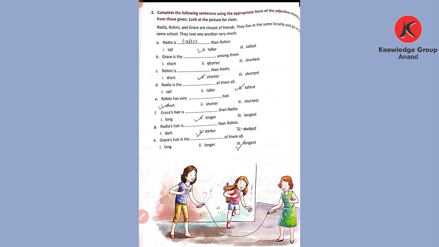So here among the girls, they compare their height, the size of their hair and the color of their hair. So dear students, write down these two exercises in your notebook with good handwriting. You have to do it in the notebook as well as in your textbook, and also the explanation which I have done on the board, you have to write down in your notebook with good handwriting.